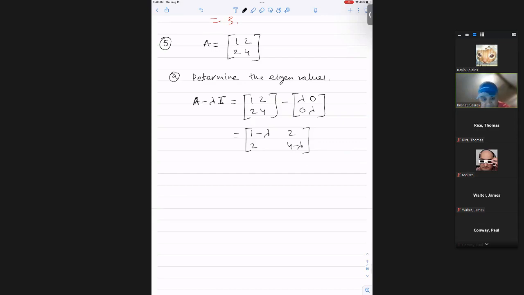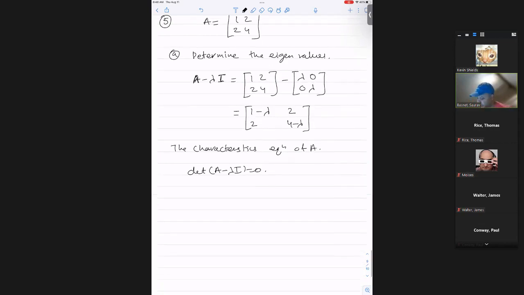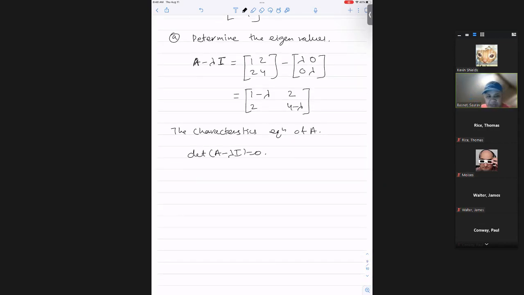From this we can find the characteristic equation. The characteristic equation of matrix A is the determinant of A minus lambda I equals 0. We do this to find the eigenvalues, the values for lambda.